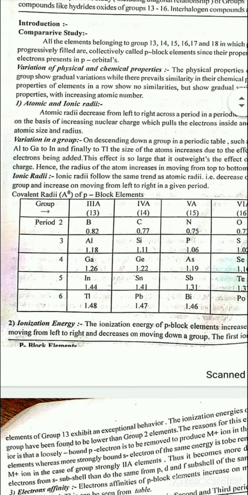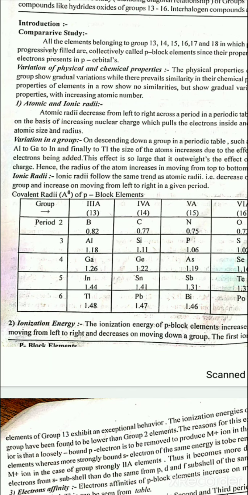So boron has a smaller radius than aluminium, gallium 1.26, indium 1.44 and thallium 1.48. Students, you must remember one thing: radius decreases from left to right and increases from top to bottom.